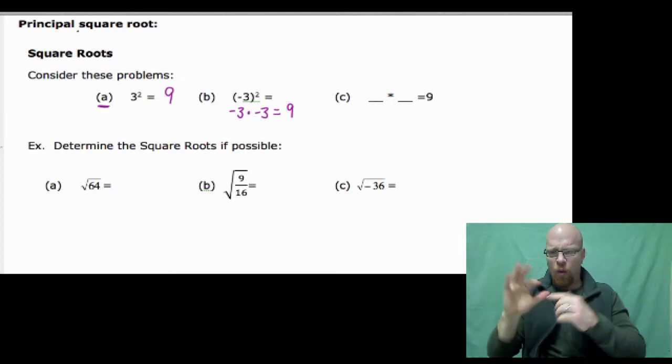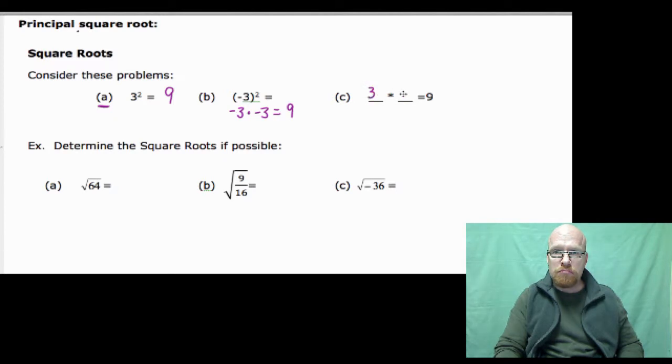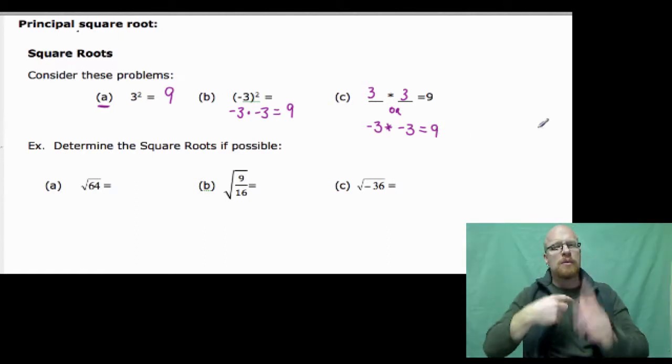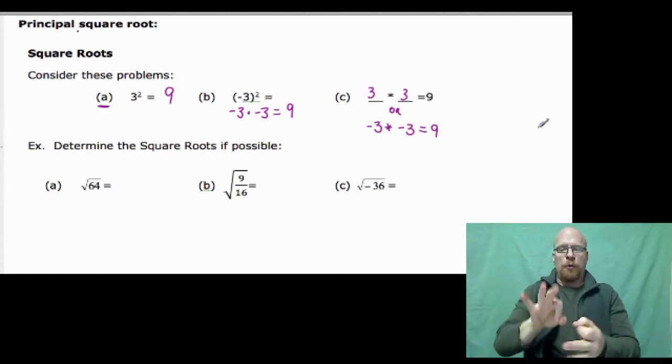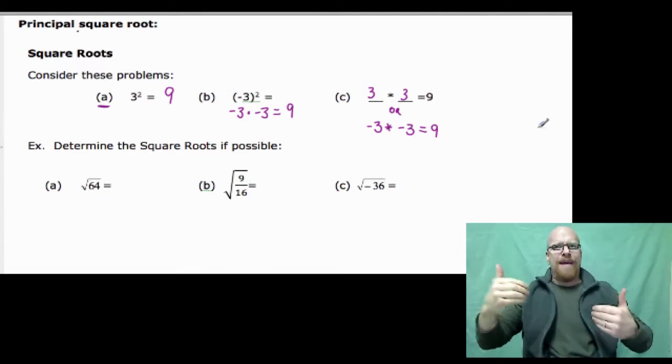There's 2 examples, 2 answers for this. So it means when we say 9, it's a perfect square, meaning the square root of 9 is 3.